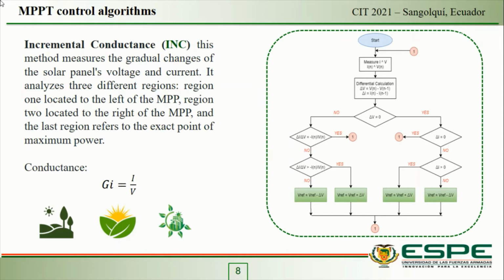This algorithm starts from the definition of conductance to determine the point of the maximum power. Its response oscillates as does the P&O algorithm. The image shows the flowchart used for the design of the algorithm.